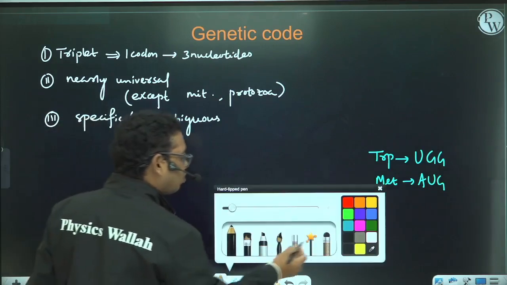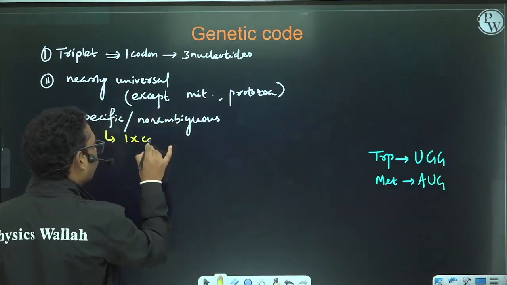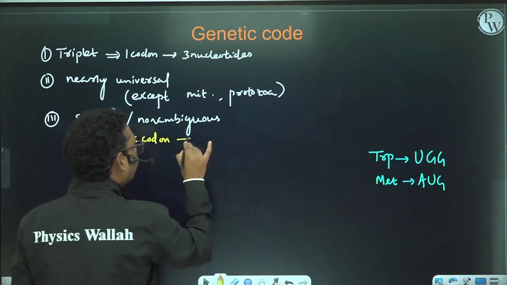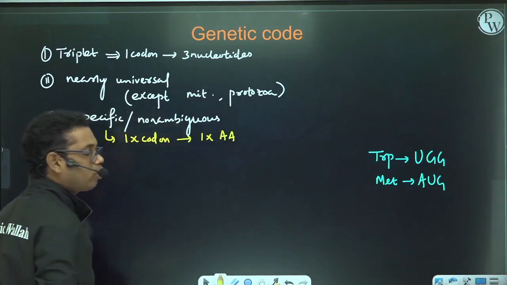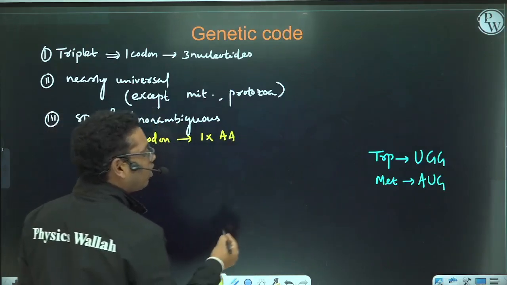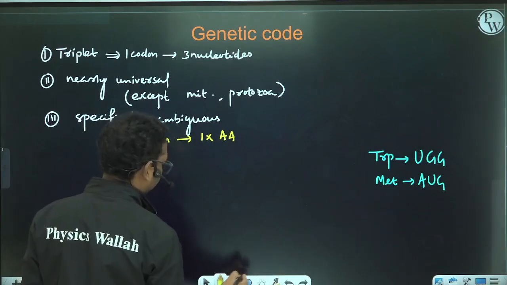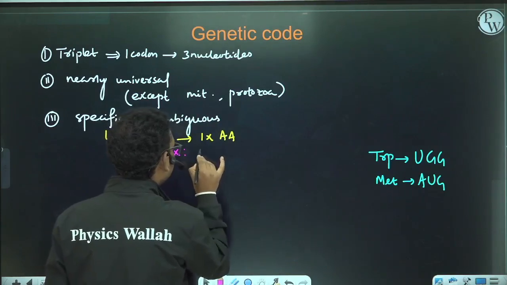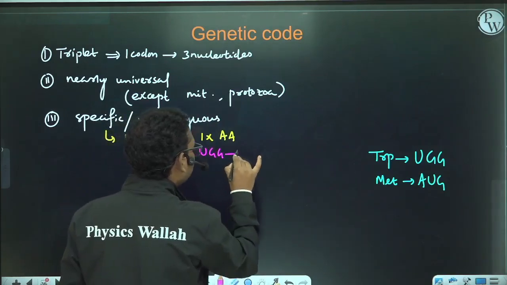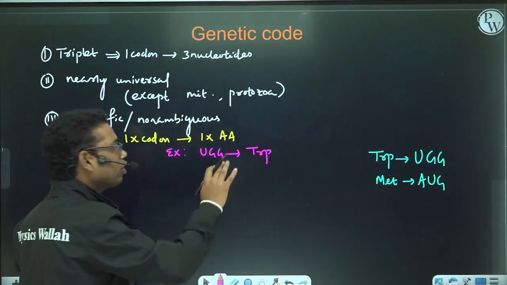This means a specific codon, a given codon, will code for the same amino acid. For example, if I take UGG, it will always code for tryptophan.